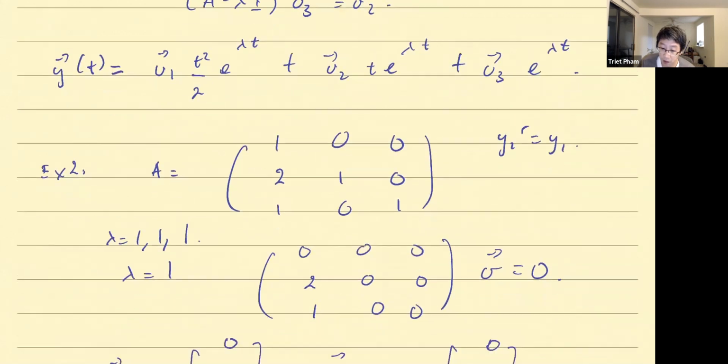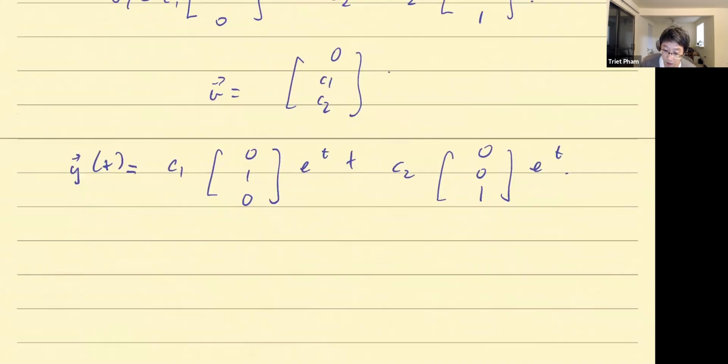So in that sense, this is not enough. That always signals to us that we need a third vector. We always need a third vector. So we need one pseudo eigenvector here, which is what we were stuck with last time.